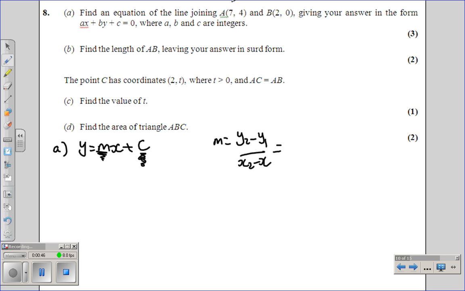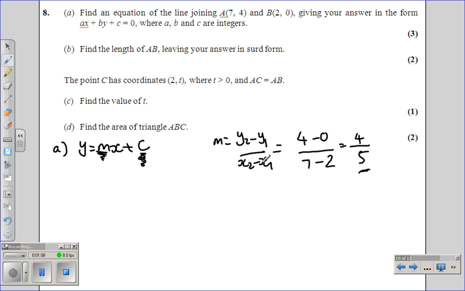I'll pick these to be my y2s and x2s, and this to be my 1s. Just means I'll get a positive answer. So y2 is 4 minus 0, and x2 minus x1 is 7 minus 2, which equals 4 over 5.